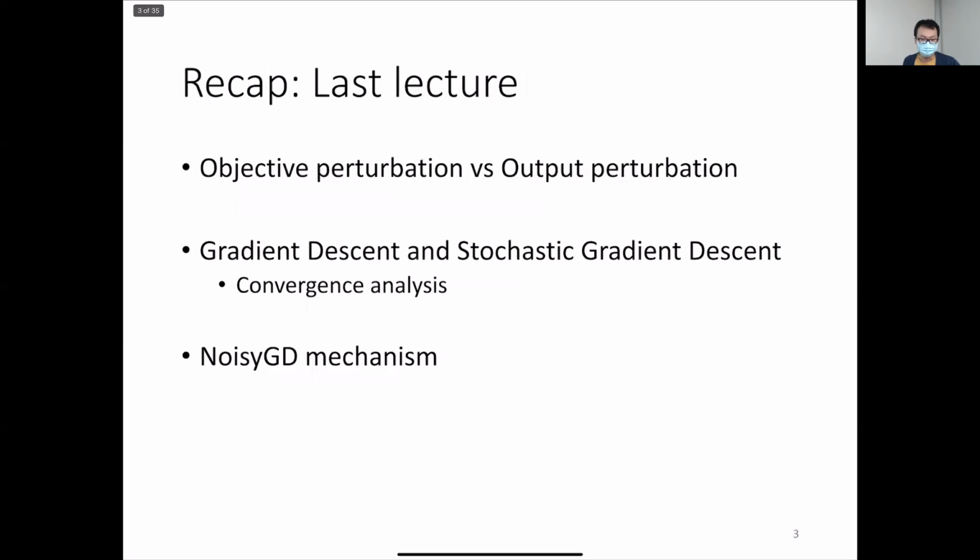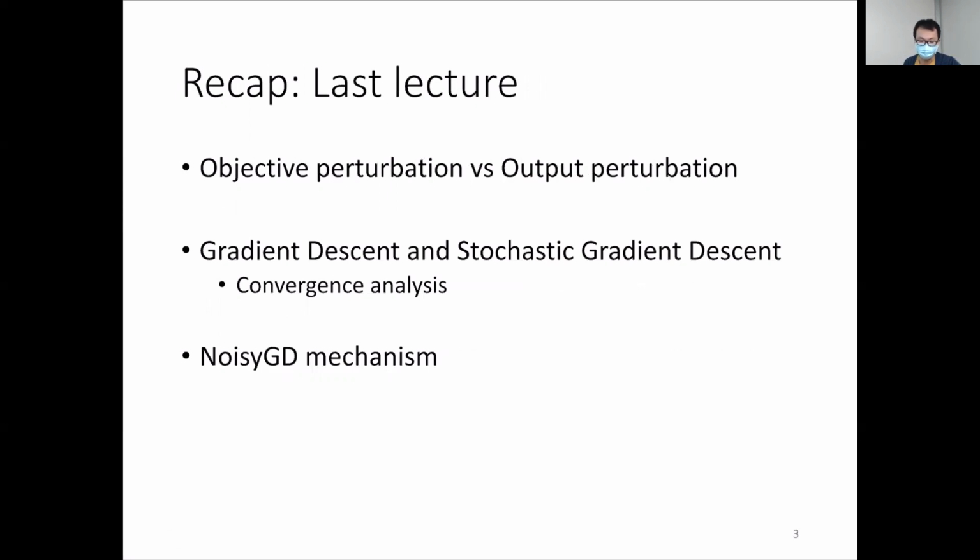Okay, so as usual, we'll start with a recap of the last lecture, and we'll also mention some of the things that we'll be using from maybe a while ago. So in the last lecture, we compared the utility of the objective perturbation algorithm and output perturbation algorithm on the same privacy requirement.